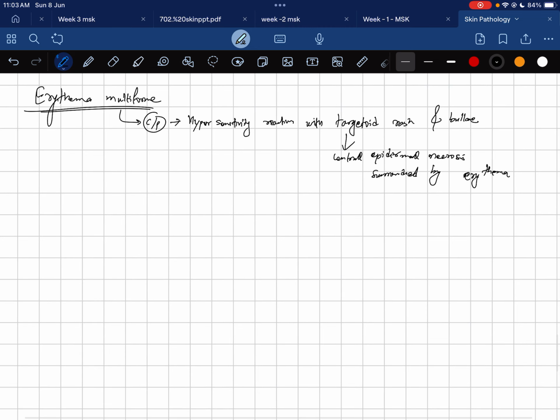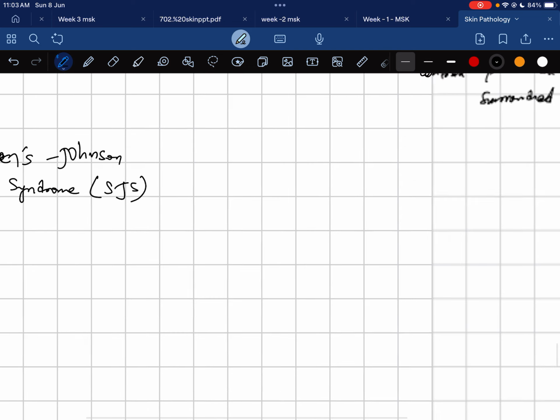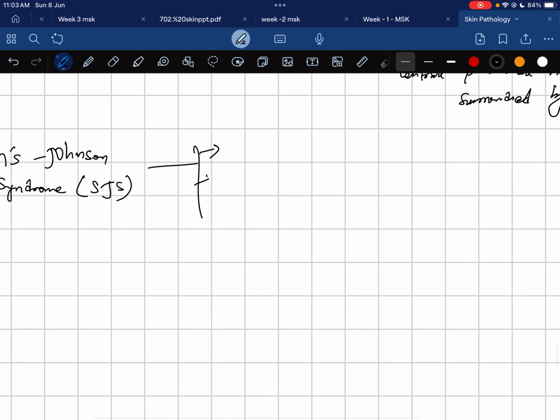Now moving on to Stevens-Johnson syndrome, SJS. In this there is erythema multiforme, bullae, necrosis and sloughing of the skin, with fever and also mucous membrane involvement.